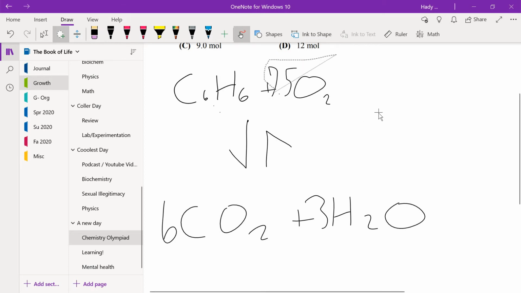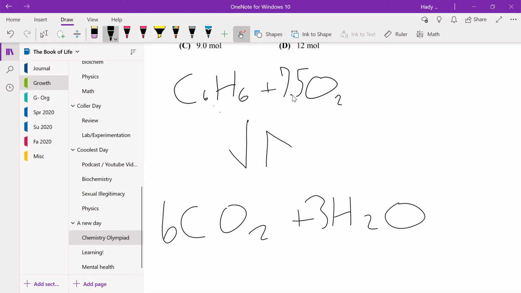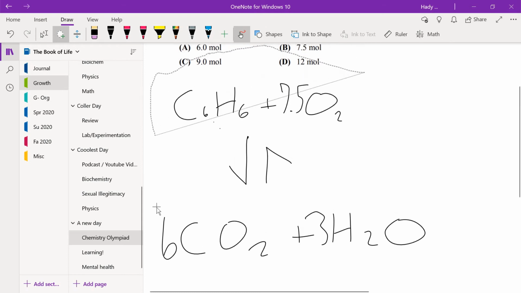Now, you might be thinking, okay, so there's 7.5 oxygens, but well, you can't have 0.5 of an oxygen, can you? And typically, this was an easy kind of puzzle, I think. It's pretty simple. There's only a straightforward answer, only one answer.